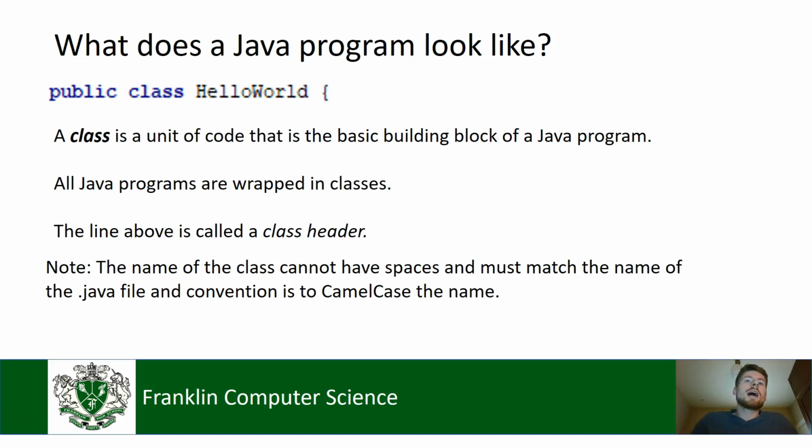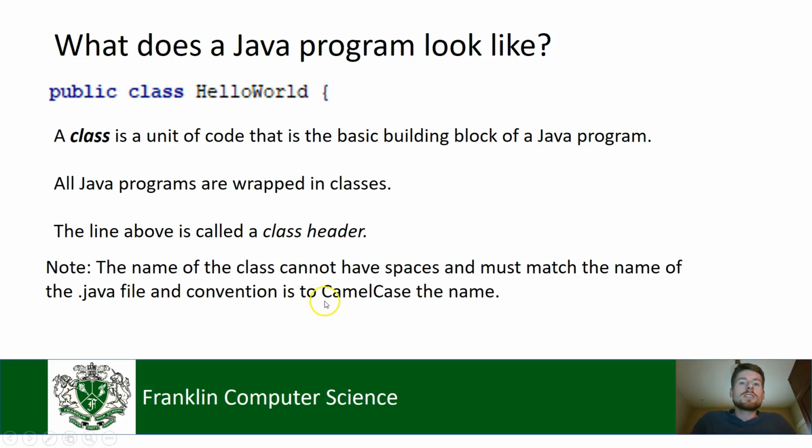The name of this class, which is Hello World, and the name of the file, the .java file, have to match up and have the same capitalization. So it's case sensitive. If you have a lowercase letter or an uppercase letter, those are going to be different.